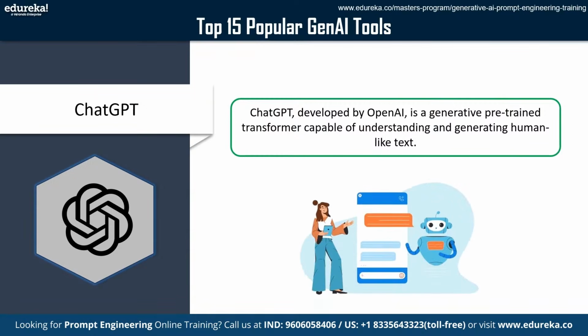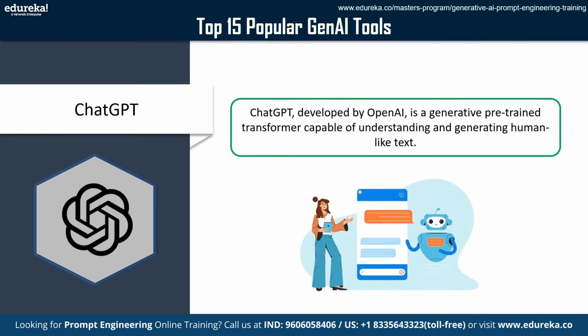ChatGPT, developed by OpenAI, is a generative pre-trained transformer that is capable of understanding and generating human-like text. It is one of the best tools for various applications in natural language processing. ChatGPT is everywhere these days, right? People from different industries and backgrounds use it for all sorts of things. For example, businesses use it to help out with customer support, to find new leads, and to do market research.